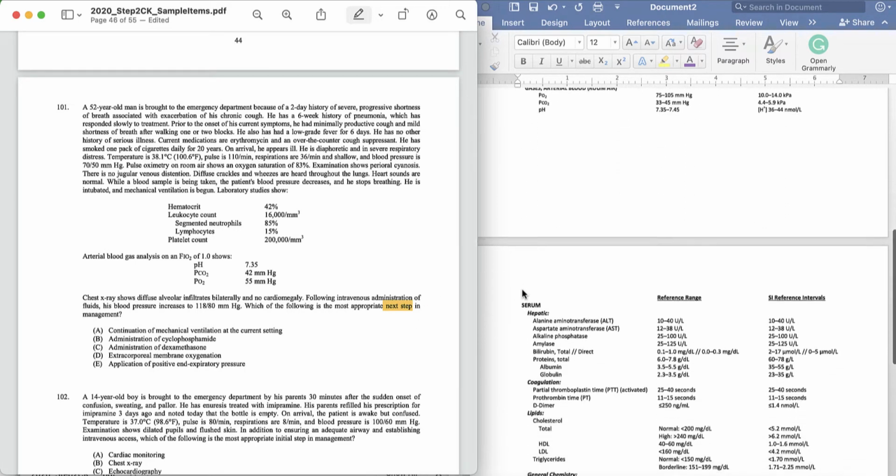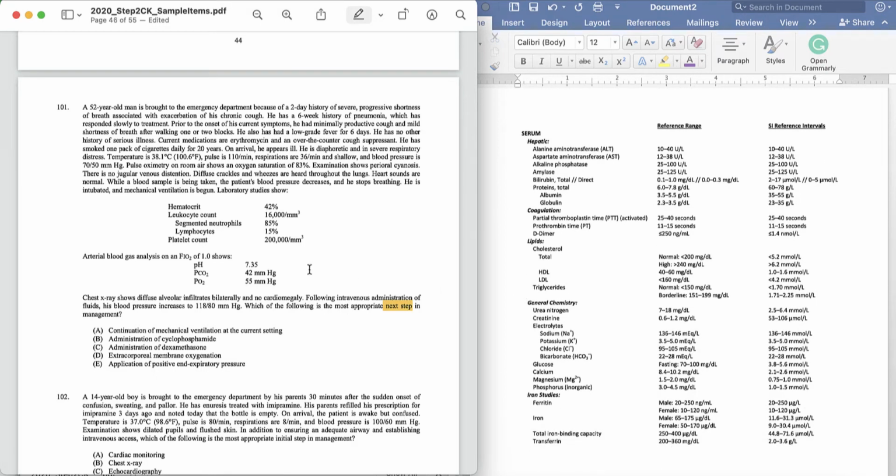Next step, I try to read one to two sentences before the stem question, because sometimes they'll mention the diagnosis going on, or they'll give you some really important hint that may allow you to save time, like you may not need to read as in depth in here. So let's do that.